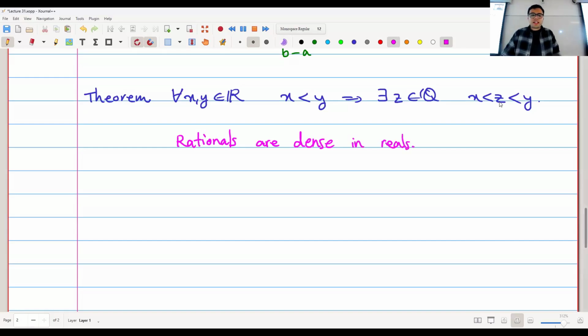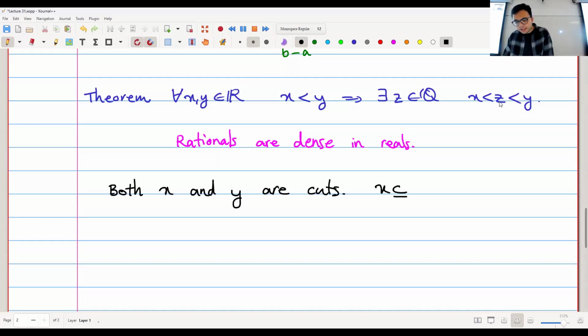Okay, so let's say that X and Y are two real values, right? So both of them are cuts. So this means that X is a subset of Q and Y is also a subset of Q, right? But X is smaller than Y, which, just following the definition, means that X is a proper subset of Y, right?